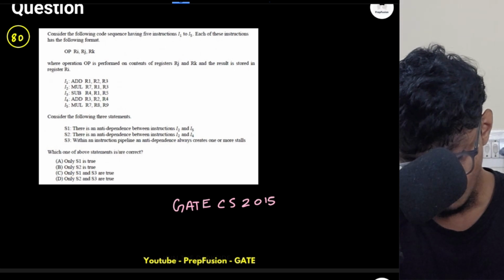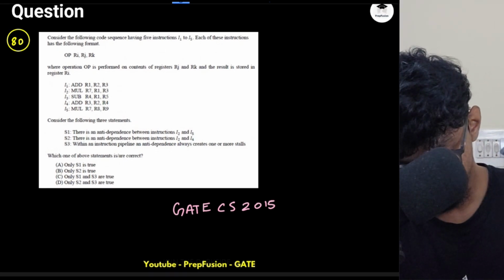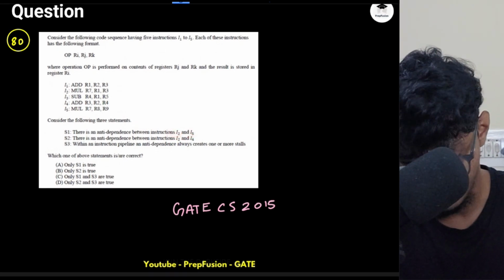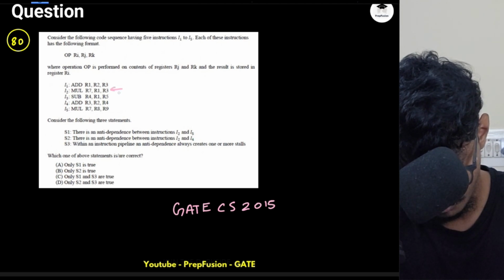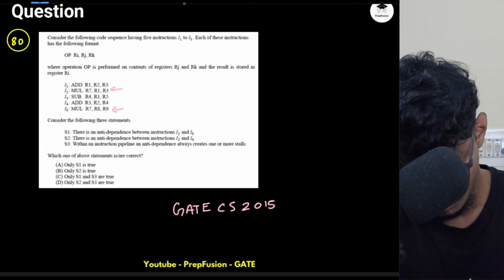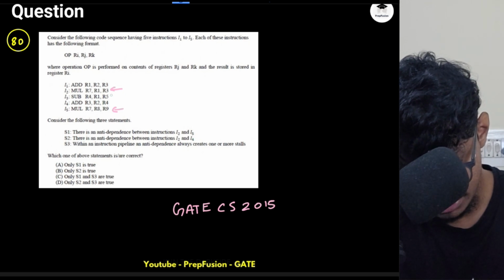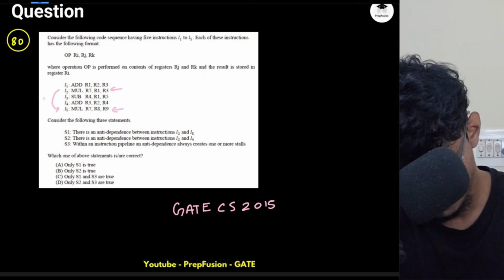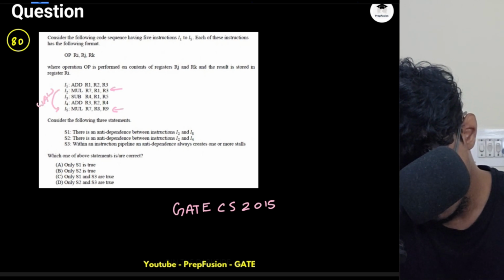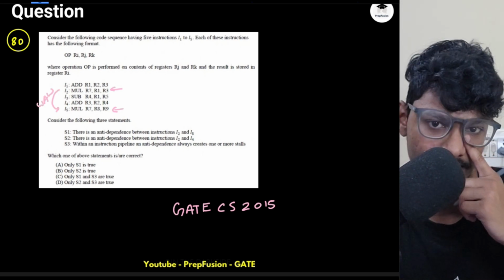So here, first let's see the relationship between I2 and I5. This is my I2 and this is my I5. What I observe is that instructions I2 and I5 have a write after write dependency.